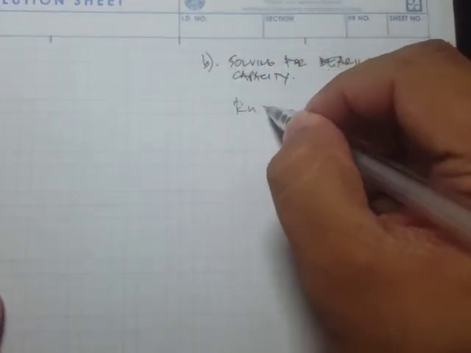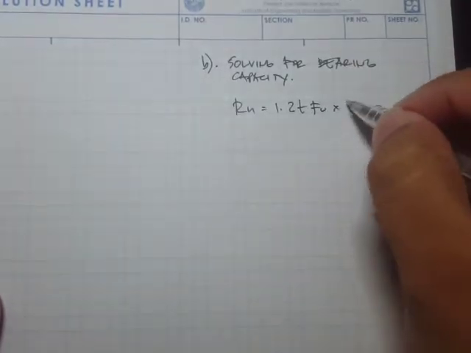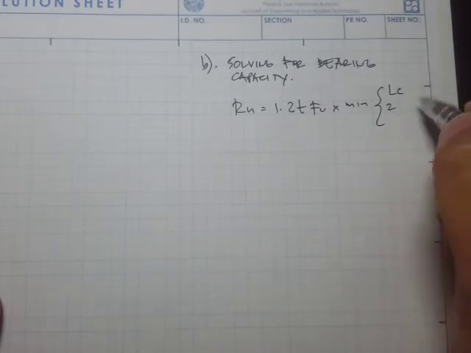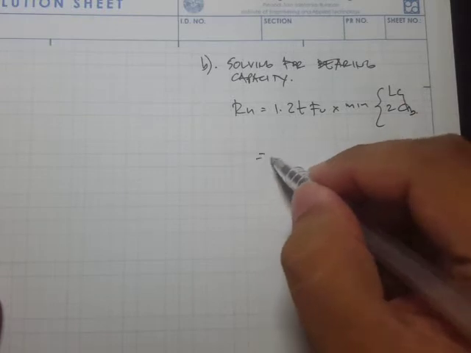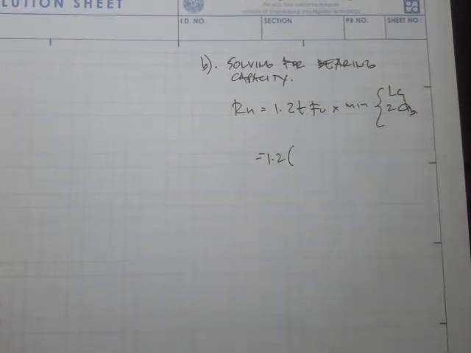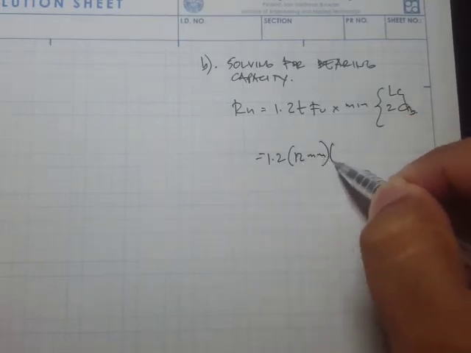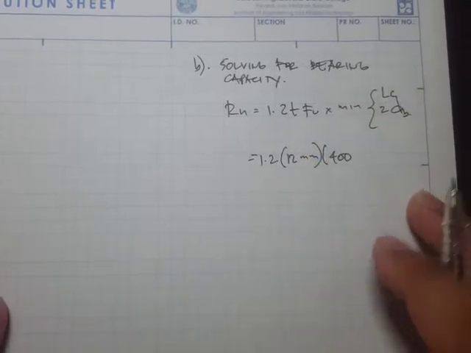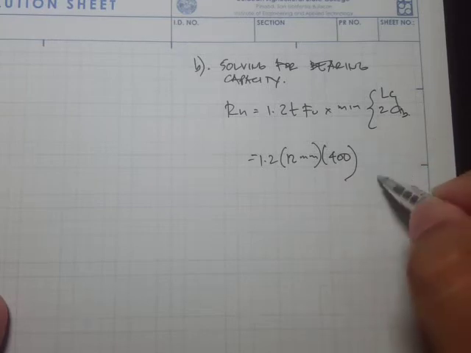Okay, so Rn is equal to 1.2 times T times this one times the minimum of either Lc or 2 times the diameter of the bolt. Okay, so 1.2 times the thickness. Now this thickness refers to the thickness of the plate, which is 12 mm, times 400 and the minimum.